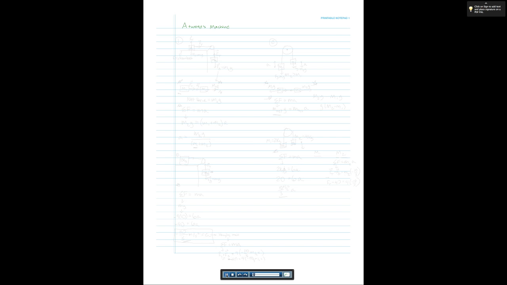There are two variations of an Atwood machine. Basically, you have a mass connected to a pulley connected to another mass, and you can have an Atwood machine like this, or you can have one like this, where your masses are both hanging down, and this is fixed to a structure or the ceiling or something like that.